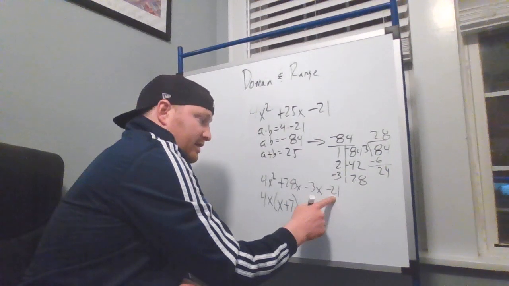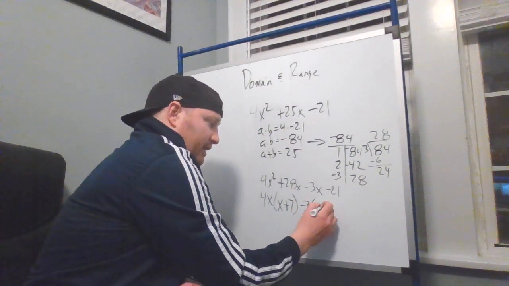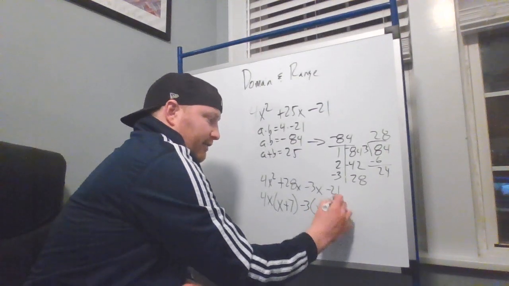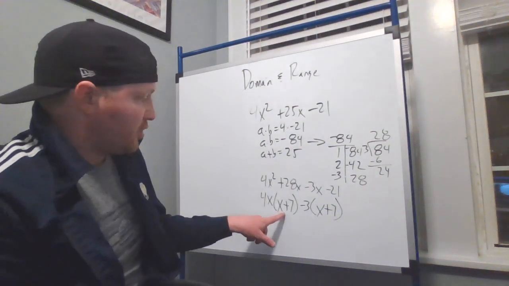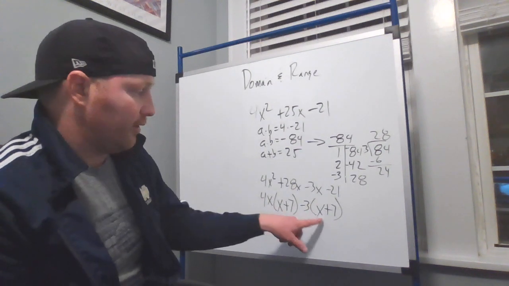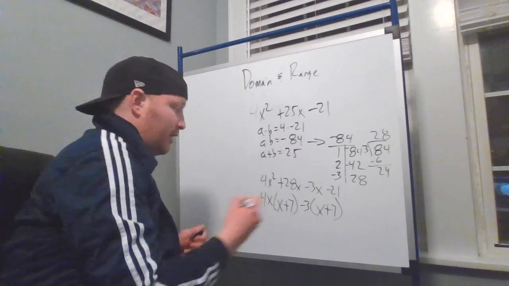And what factors out of both of these? That's right, a negative 3. Negative 3 is left with x plus 7. Now hopefully you notice something. I got two parentheses that are identical, hence factoring by grouping. So here's how I factor by grouping.